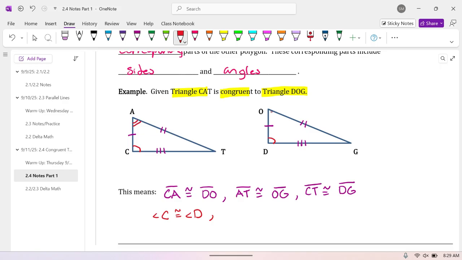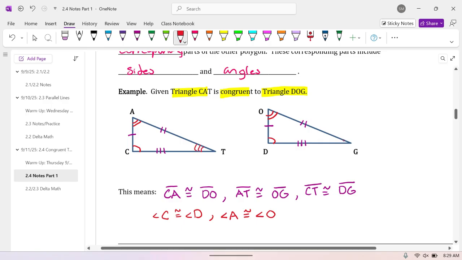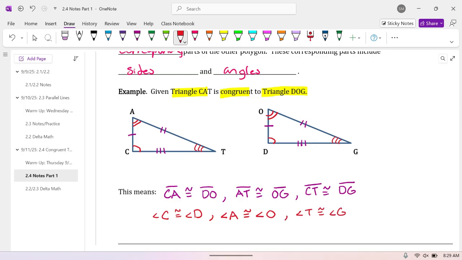So I'm going to mark this one with 2 ticks because we don't know if C is congruent to A or not. So we have to assume they're not. So angle A is congruent to angle O, which leaves us with T and G left. So I'm going to mark this one with 3 ticks. So angle T is congruent to angle G. So these are our congruent sides. These are our congruent angles.